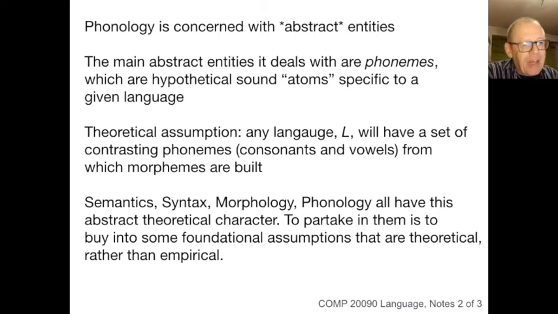The abstract entities it deals with are phonemes, which are hypothetical sound atoms specific to a given language. And these are the units from which then morphemes will be built in language-specific ways. And we assume that because the view of generative linguistics is to view an entity called French or English as a system, the rules pertain to the system called English or the system called Italian.